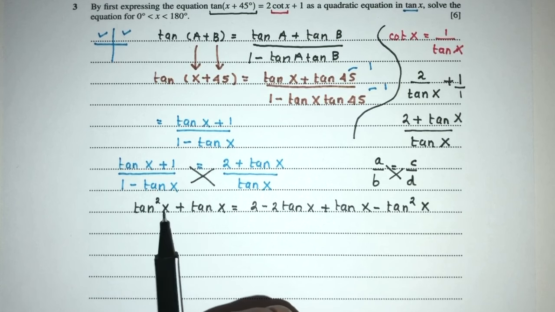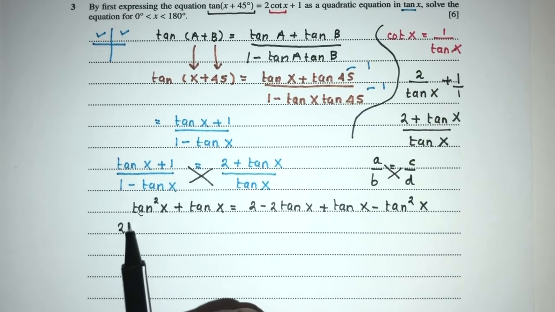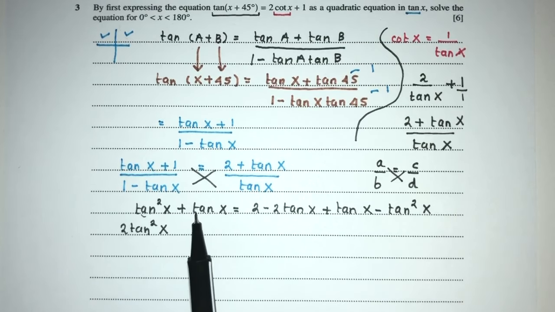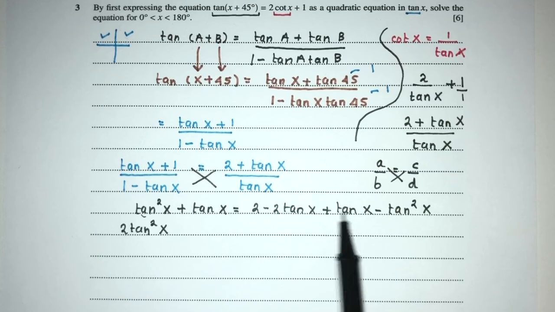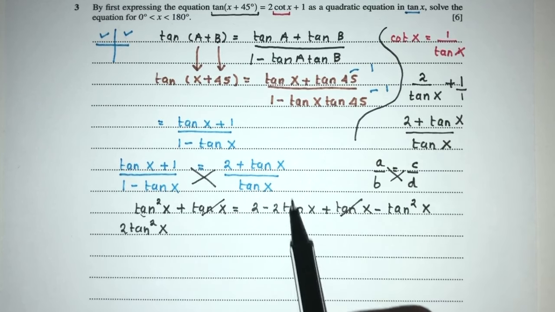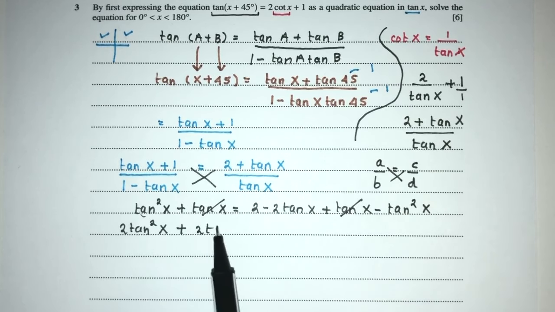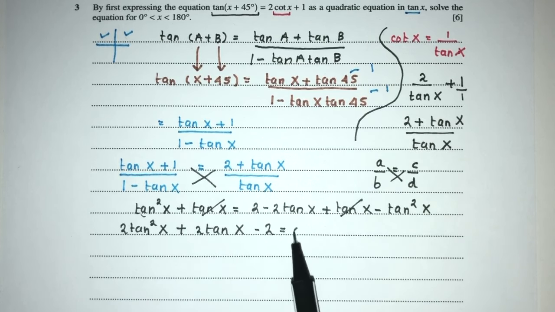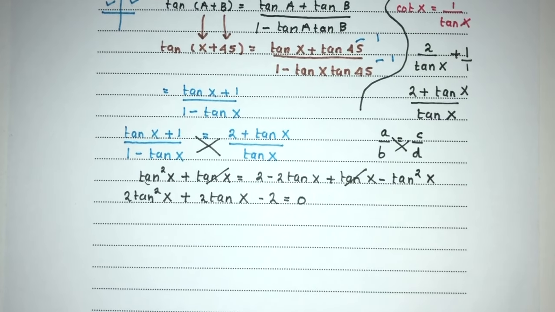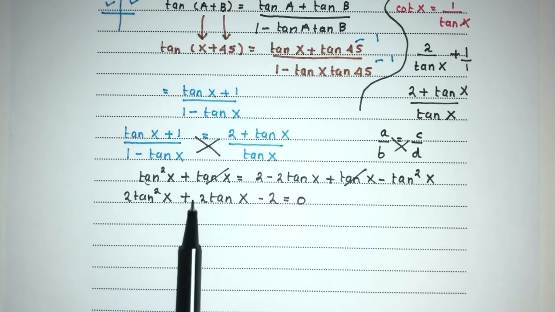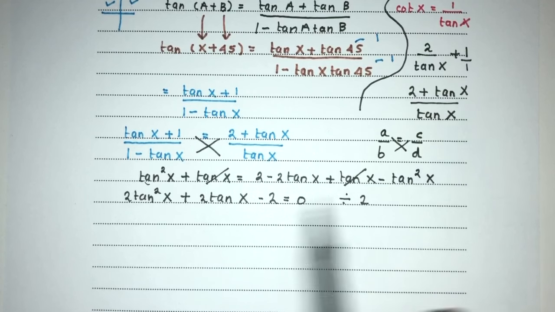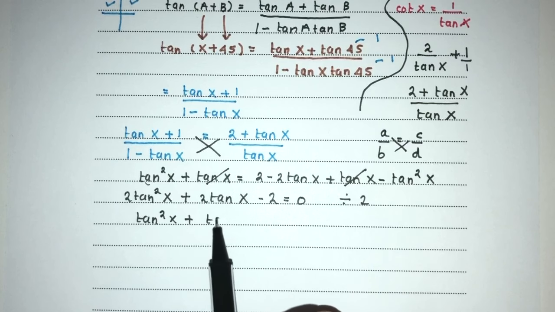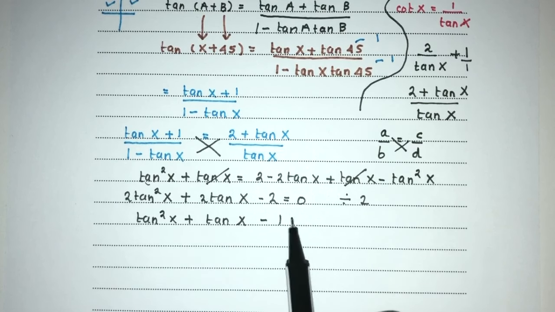You will have this plus this, that will be 2 tan squared x, and here we have tan x and tan x, so they will cancel out. Send this over here, it becomes plus 2 tan x, and then we have minus 2 is equal to 0. Right, now because we have 2, 2, 2, we can divide by 2 everywhere. You will have tan squared x plus tan x minus 1 is equal to 0.